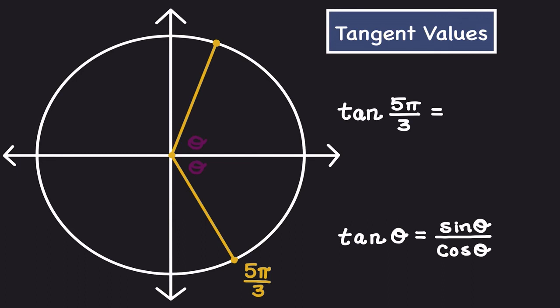Let's talk about if we have tangent of 5 pi over 3. How would we figure this out? Well, 5 pi over 3, what is our reference angle here? That would be like the 6 pi over 3, and we dialed it back. So we're talking about a reference angle here of pi over 3. Okay, that's what this angle is up here. Pi over 3, that's the 60-degree angle. Okay, so examining 60 degrees, hopefully we have that memorized now.